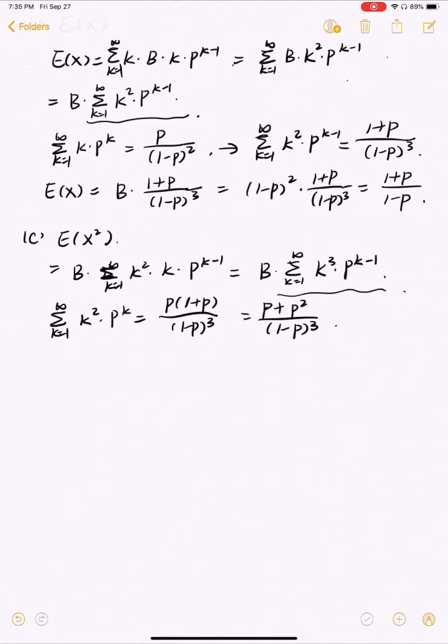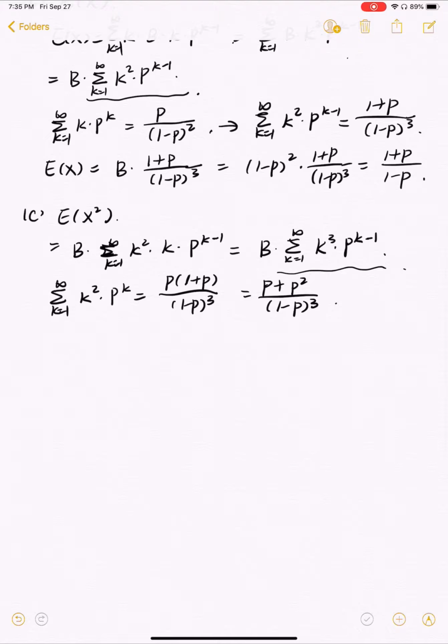Using the same method, we need to differentiate both sides with respect to p. We could get the part we want, then let b multiply this result.